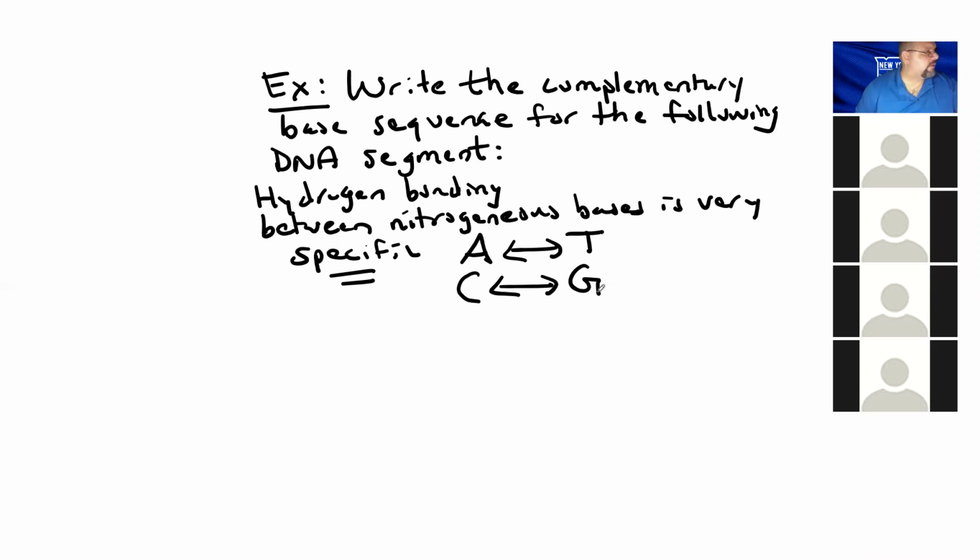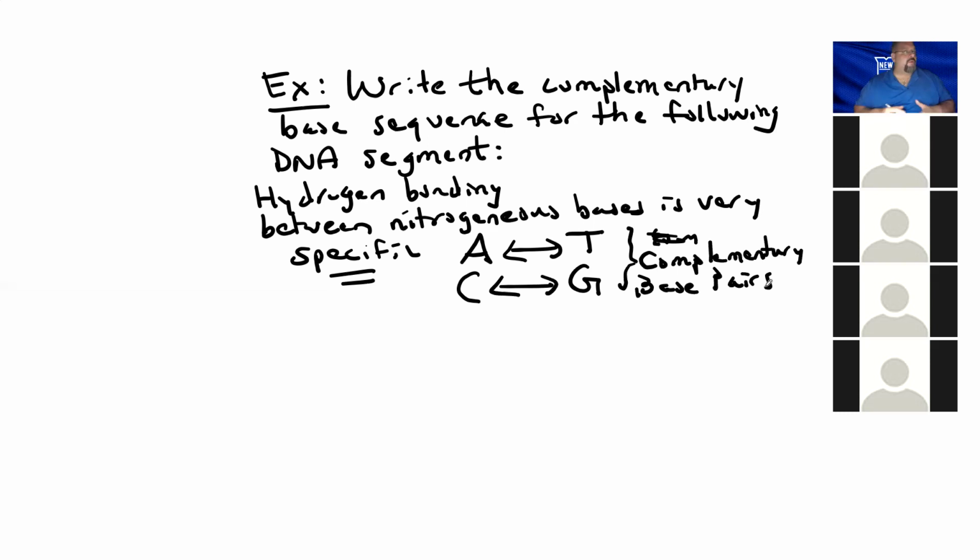Essentially, these two combinations, adenine with thymine, cytosine with guanine, are what are known as complementary base pairs.